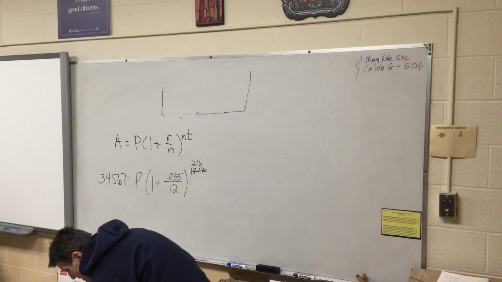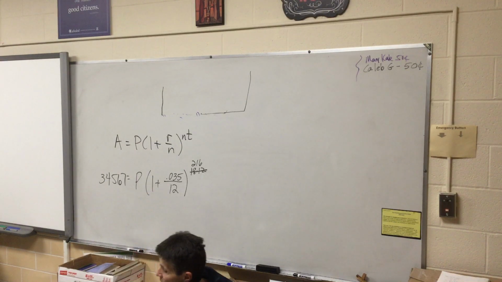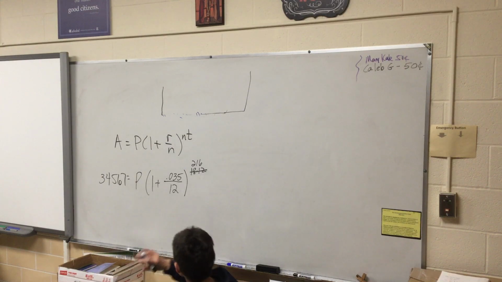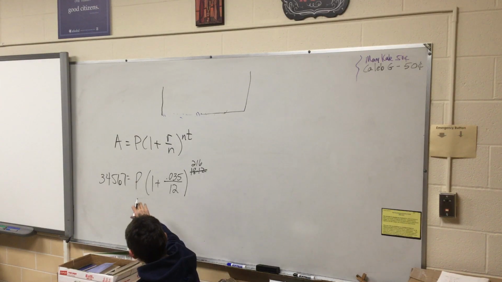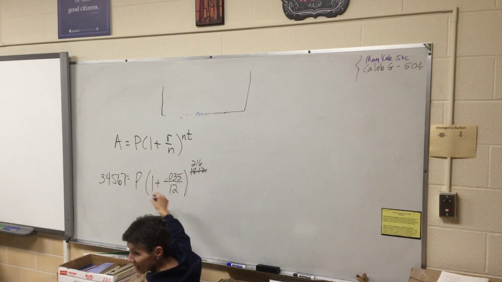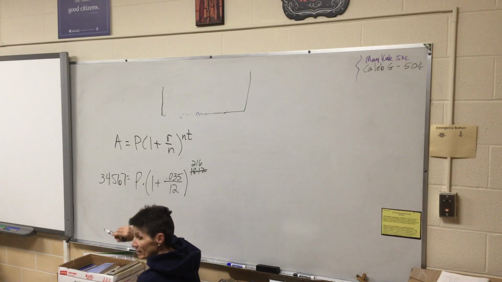Now we can do this a couple of different ways. So I'll go through both ways with you, and then you'll need to figure out which works for you best. Do you understand, though, that to get P by itself, we're going to have to divide by that mess right there? This is a multiply, right?